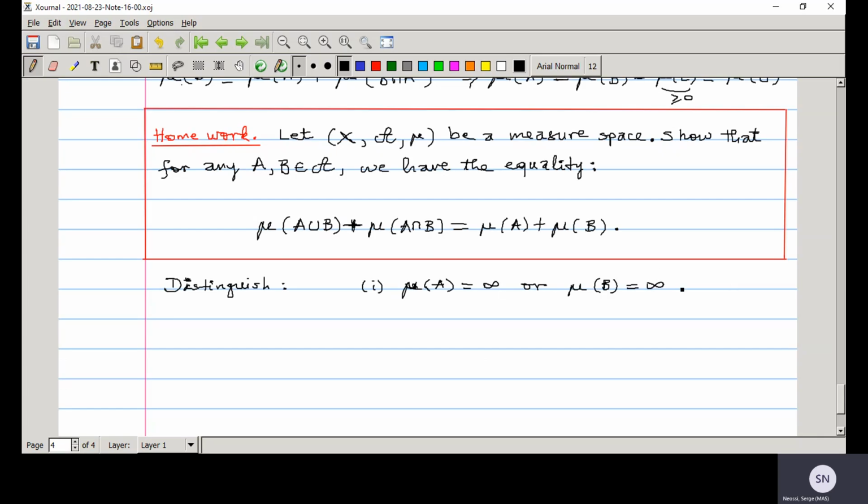And then the second case, where mu A and mu B are both finite. That's where you go into the detail. But you can see that the first case is trivial.